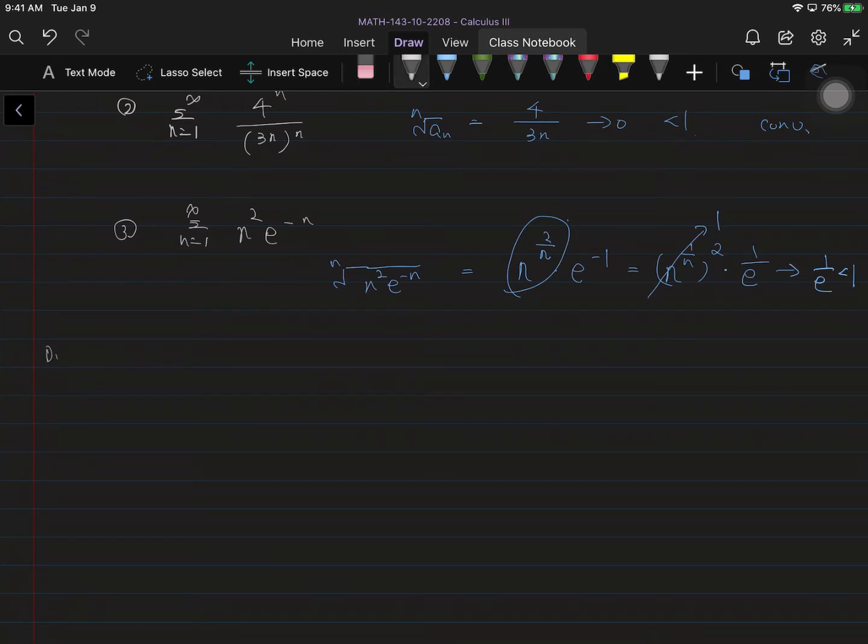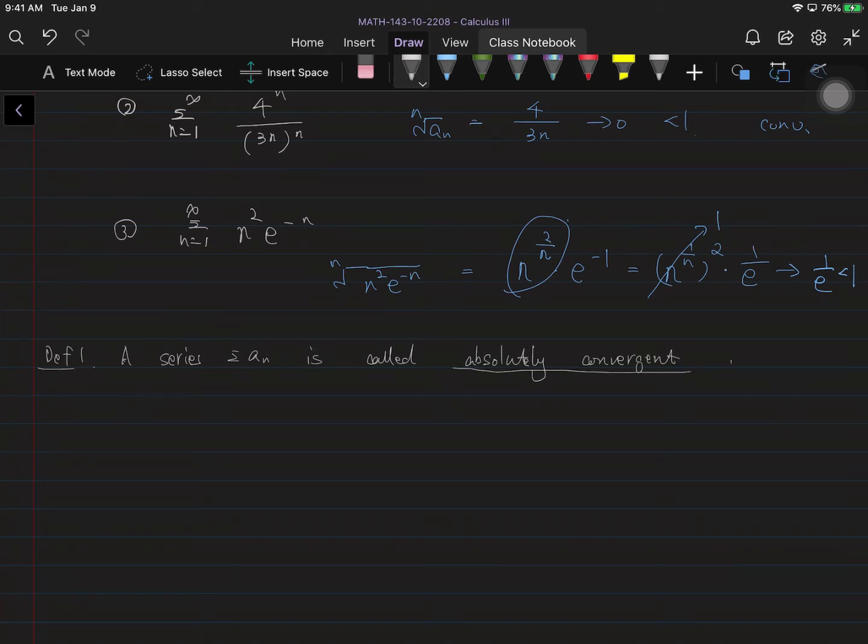Definition 1. A series sum of a_n is called absolutely convergent.